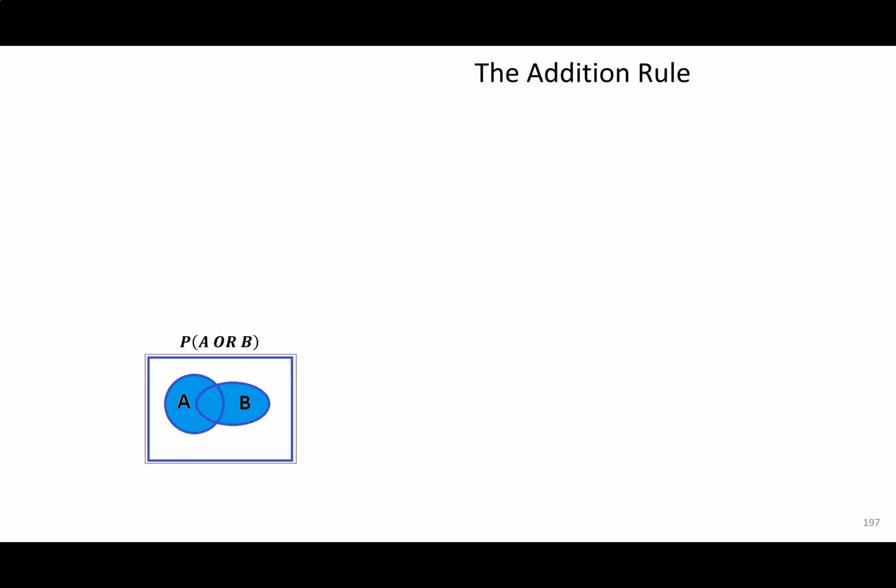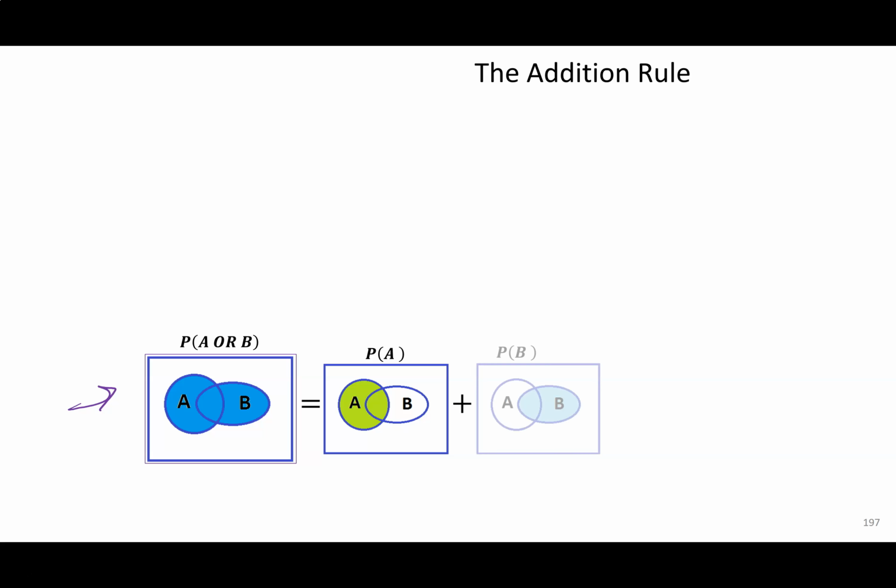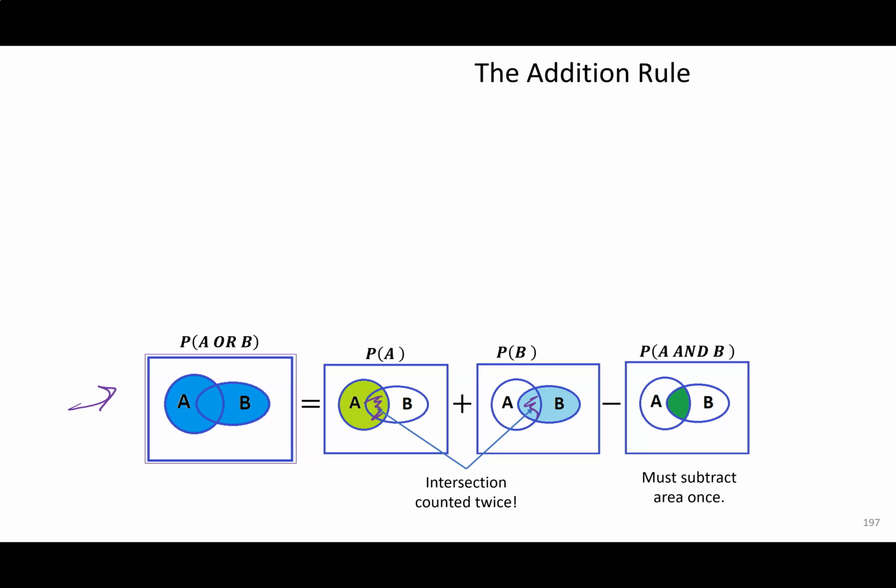So now we're going to talk about the addition rule, which is super handy. Anytime that I want to know the probability A or B happens, so at least one of them happens, I will have the probability A happens plus the probability B happens, but I just counted the overlap twice. So now I have to subtract that overlap 1 time.